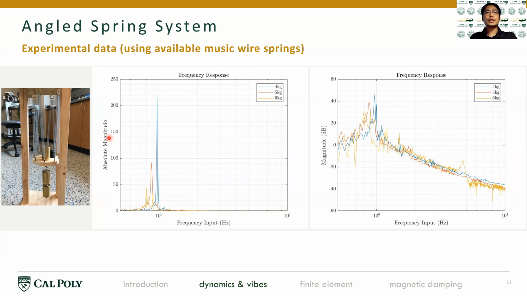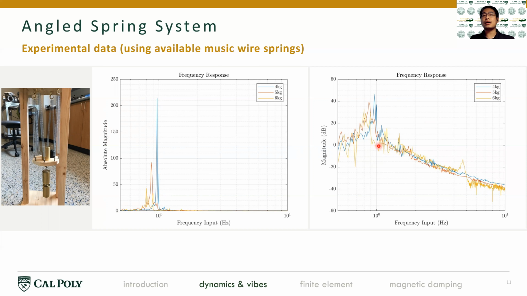The left one is the absolute magnitude. We can see that if we increase the mass on the stage, the natural frequency goes lower. So this is actually what we're predicting in the analysis model.